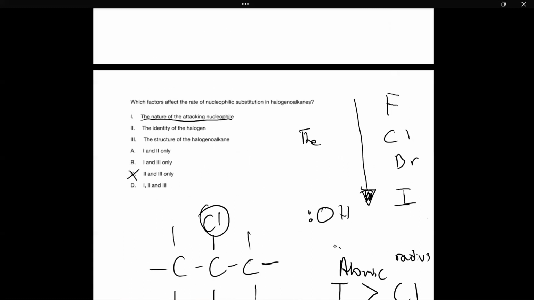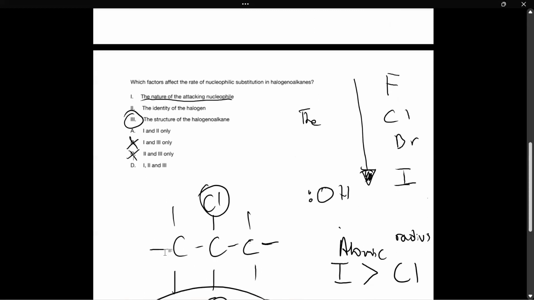So the identity of the halogen matters. So any option which doesn't have 2 in it can be eliminated. Now we're left with A and D. So number 3, the structure of the halogenoalkane. Does this affect the rate of nucleophilic substitution? Well, yes, absolutely it does. And I think I've shown you how it does.